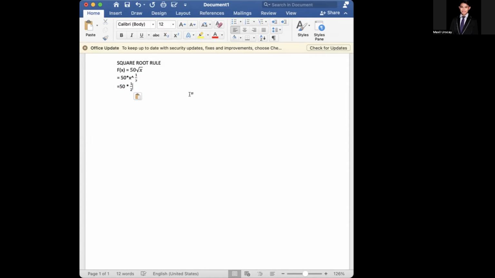You will just multiply that, then multiply into your x to the power of 1/2 still. And then afterwards, your power of 1/2 will be minus 1. So for this right now, 50 times 1/2 will become 50 over 2.